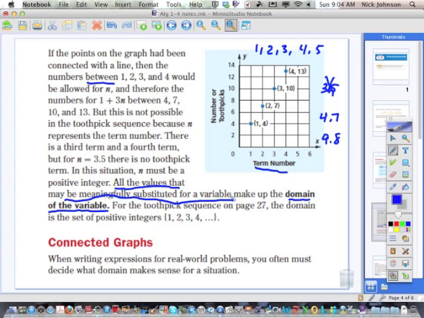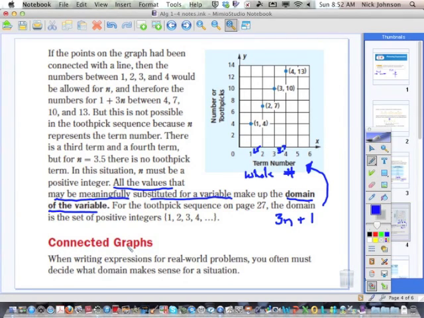It's all values that may be meaningfully substituted for a variable. So in this toothpick sequence, the domain is the set of positive integers. Positive integers are 1, 2, 3, 4, etc. Notice we do not include 0.